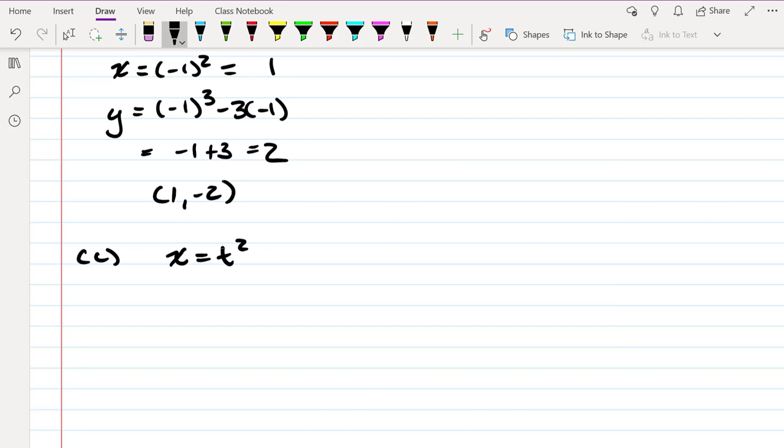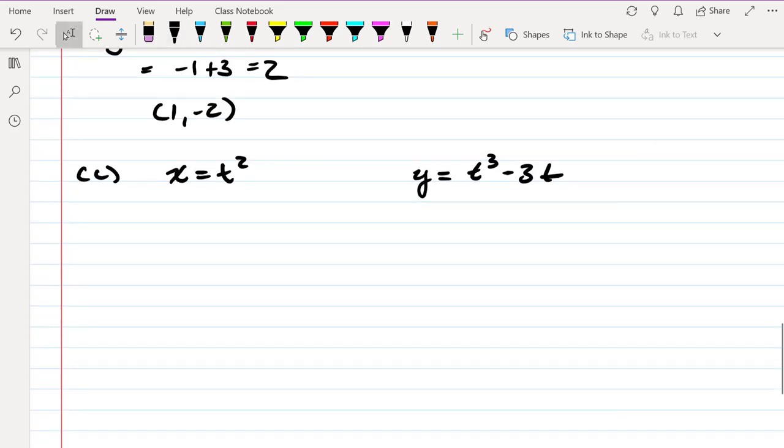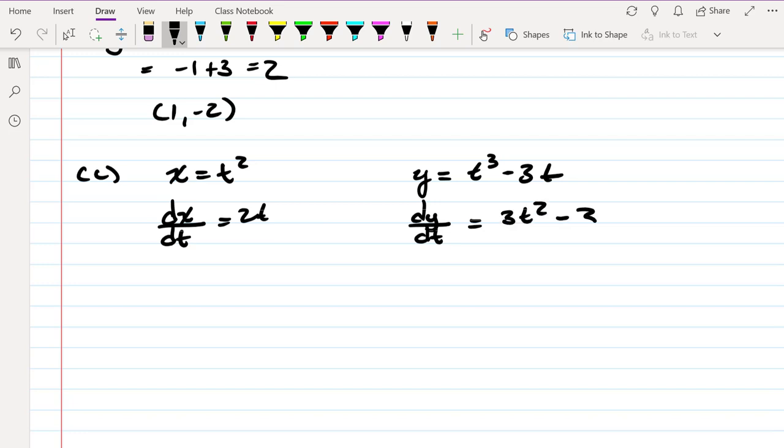We have x equals t squared and y equals t cubed minus 3t. So we have dx/dt is 2t, dy/dt is 3t squared minus 3. And from our theorem above, we have dy/dx is dy/dt divided by dx/dt.